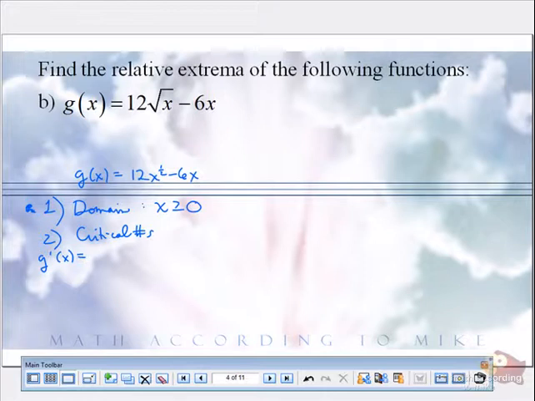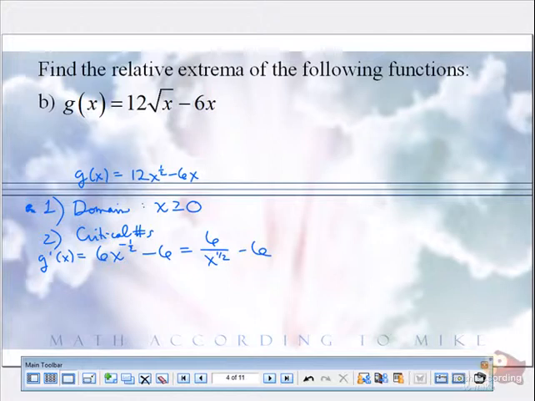So square root is a 1/2 power. Taking the derivative, what do we get? 6x to the negative 1/2 minus 6. It's easier if you write this back as a fraction, 6 over x to the 1/2 minus 6.